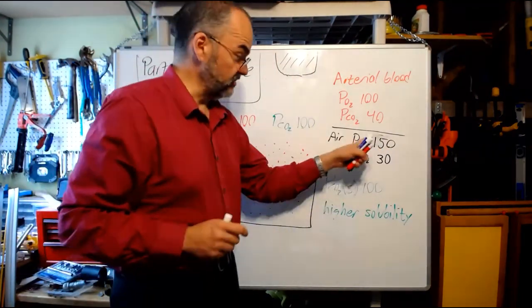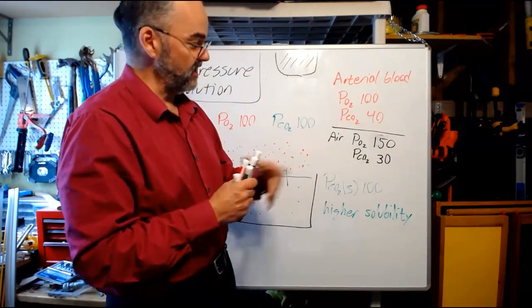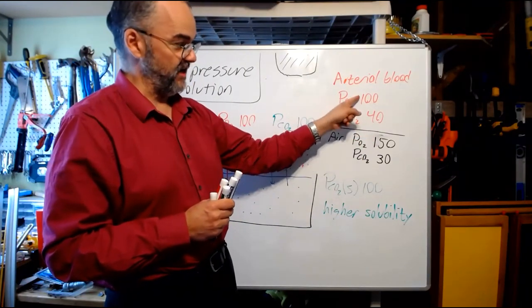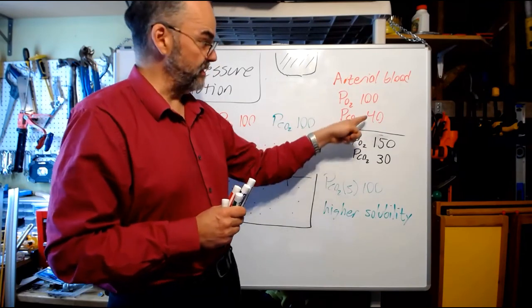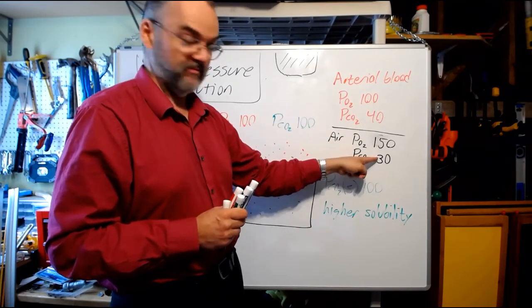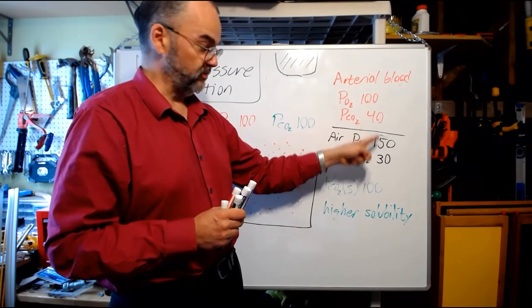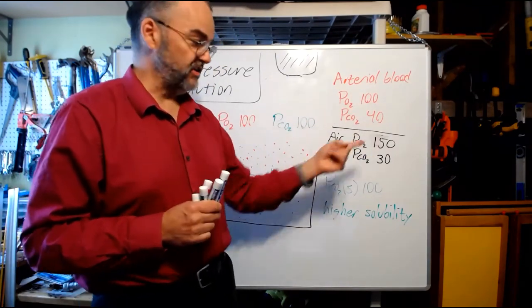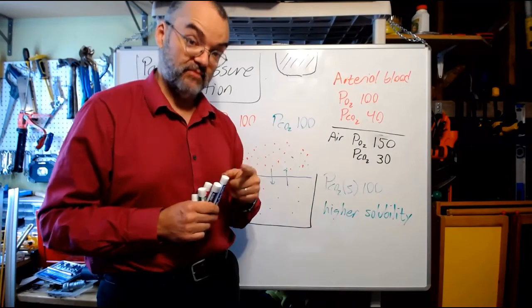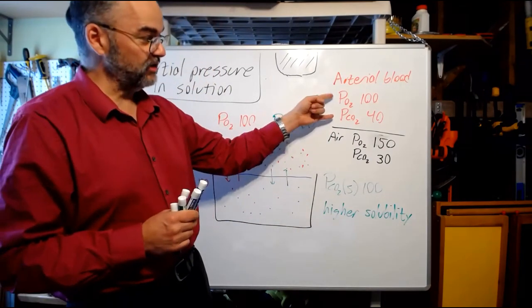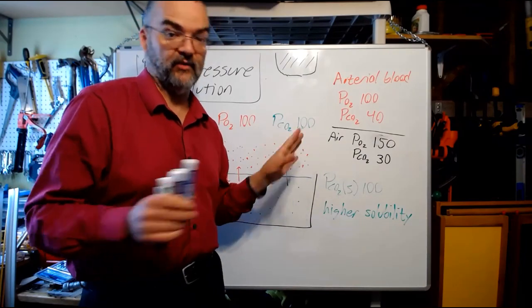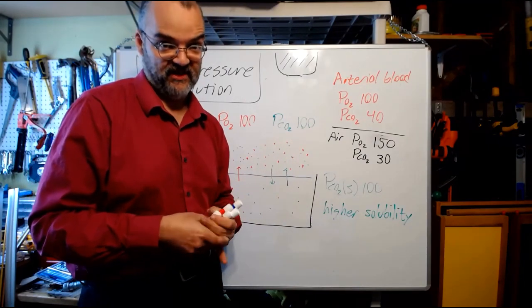I could, from this, conclude that oxygen will be moving from the air to the blood, because there's a higher PO2 in the air than the blood, and CO2 will be moving from the blood to the air, because there's a higher CO2 in the blood than the air. So I can use these PO2s and PCO2s to decide which way a gas is going to move, but I cannot really use the partial pressures in solution to judge which gas there's more of, not without a lot more info, and I am not going to ask you to do that.